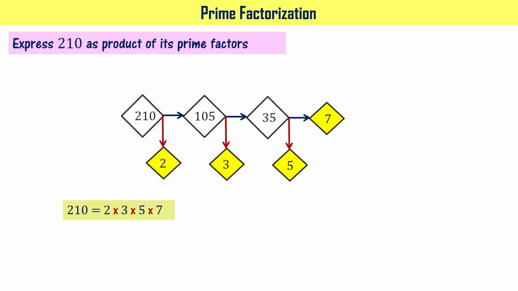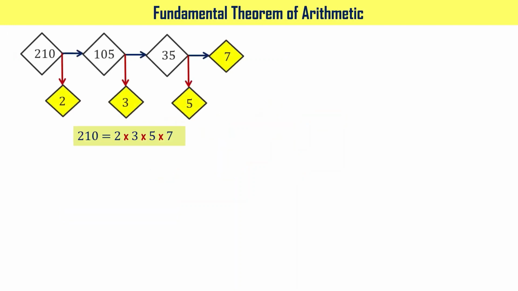Please note this one. As you have seen, now we can understand the fundamental theorem of arithmetic based on these examples. 210 was written as 2 times 3 times 5 times 7, right? Since we started with number 2 as the divisor to begin with, we got this order. Instead, what if I start with number 3 as the divisor?